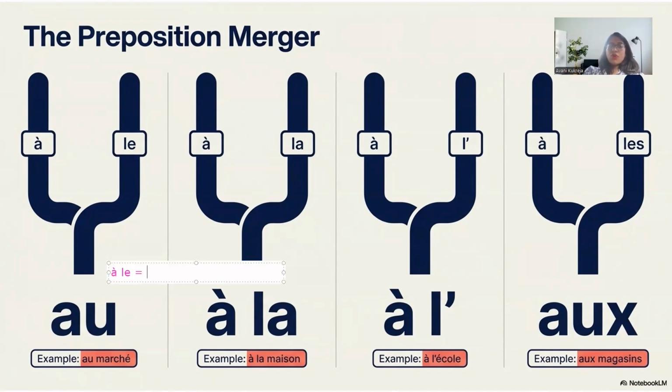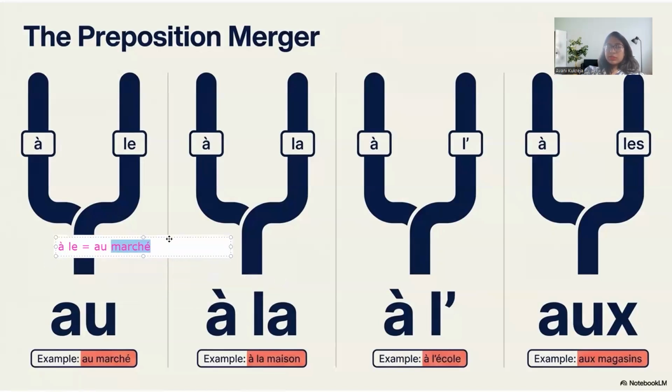Instead, we'll write au. For example, au marché. I'm going to the market because market happens to be masculine. This form does not exist in French. Nobody will ever write à and le together. It's grammatically incorrect. So please always use the form au whenever the place that you're referring to is masculine.